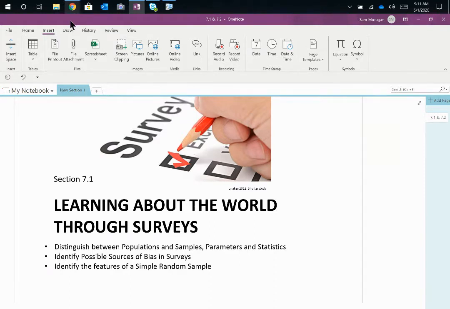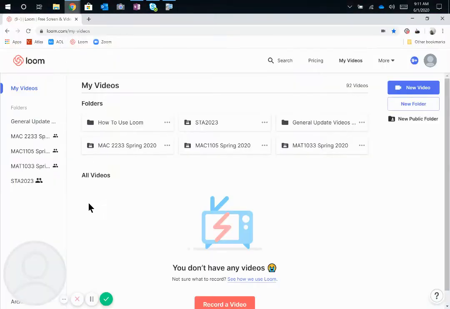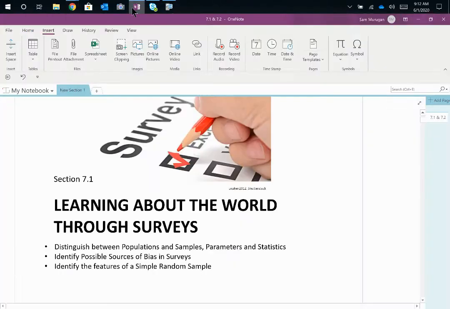We might hear perhaps 35% of a certain population, based on a survey sample, is reacting a certain way to a certain product. And we want to look at this carefully. So we're going to spend a little time learning about this.